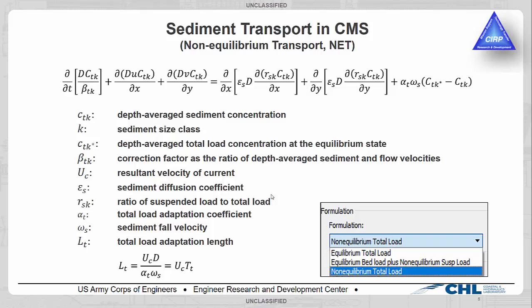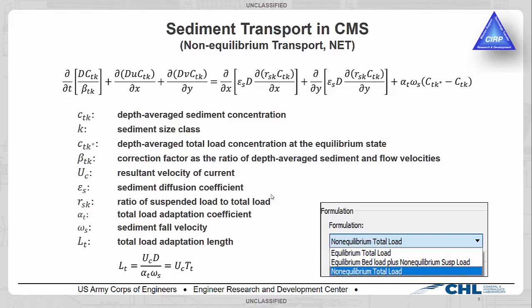But later on, when I go to the interface, you will see that for some transport formulas you need to specify a vertical profile. That's the purpose of calculating this parameter, the correction factor. U_c is the resultant velocity of current, and epsilon_s is the sediment diffusion coefficient. R_sk is the ratio of suspended load to total load.